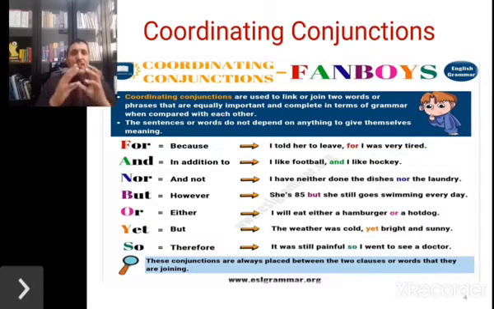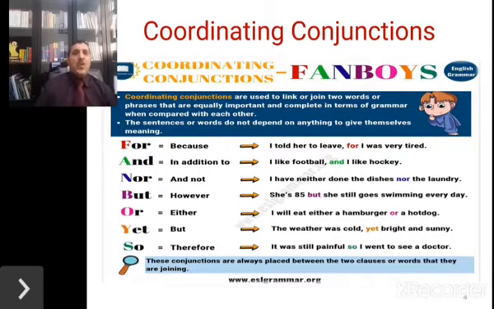Coordinating conjunctions are used to link or join two words or phrases that are equally important and complete in terms of grammar when compared with each other. As the definition is highlighted, we can understand it better.